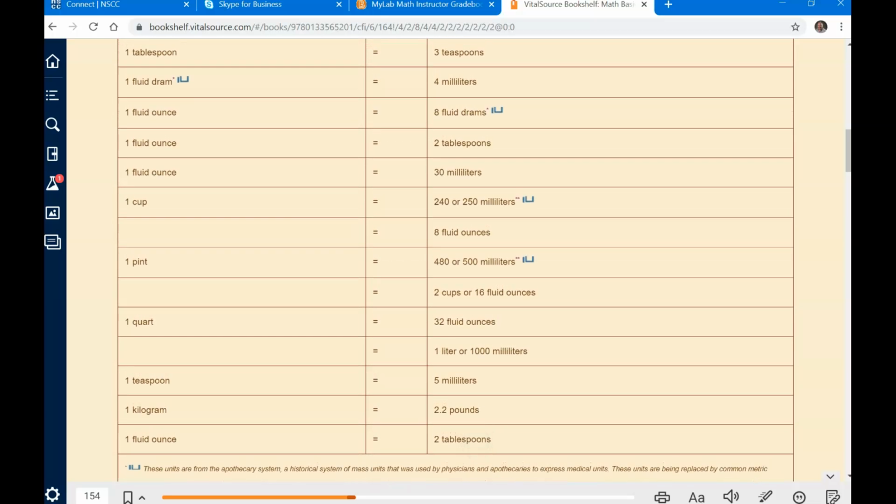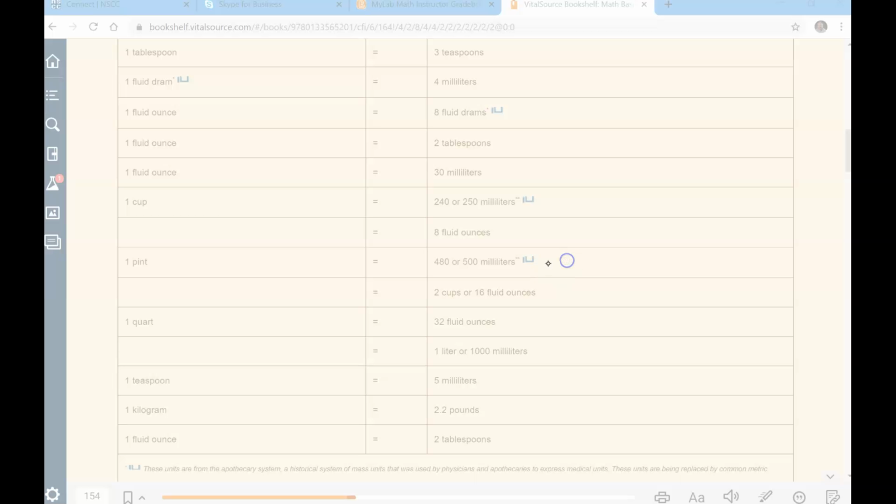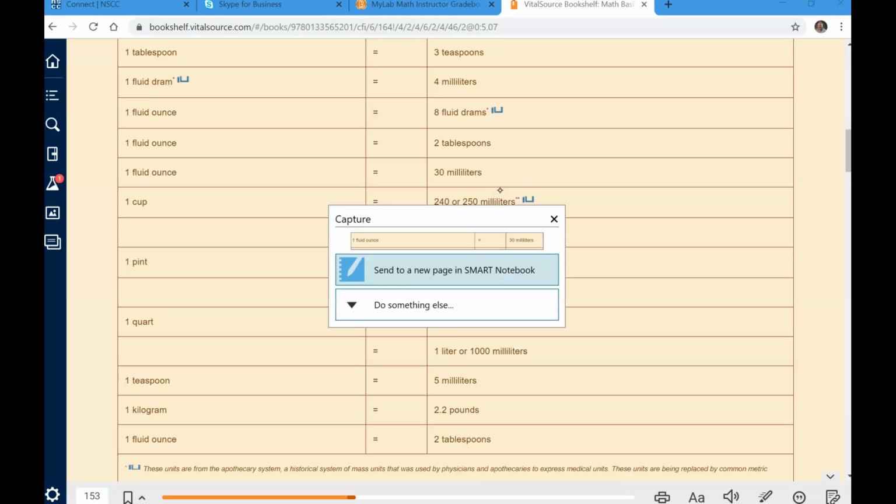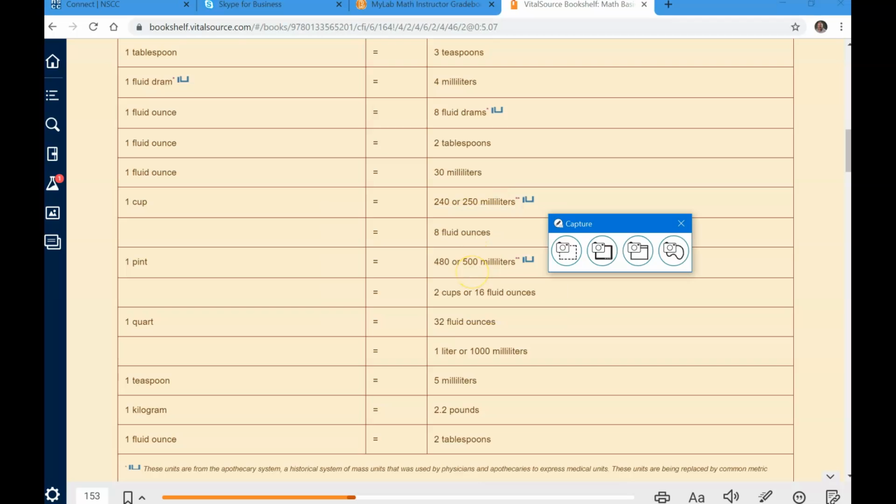And lucky enough there is. Right here you'll notice that one fluid ounce is 30 mils.